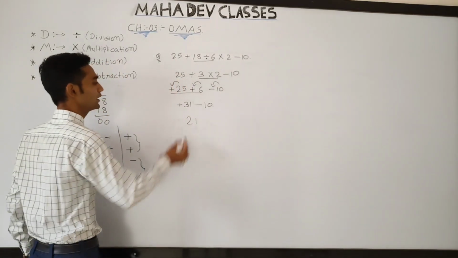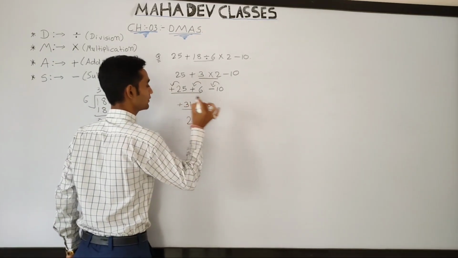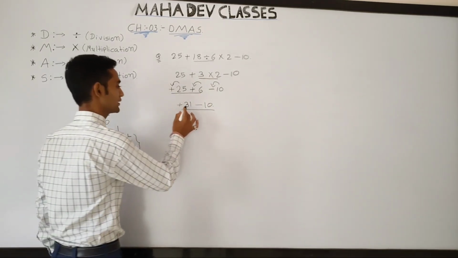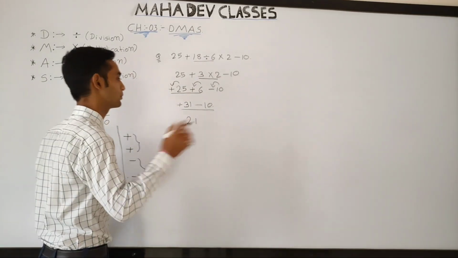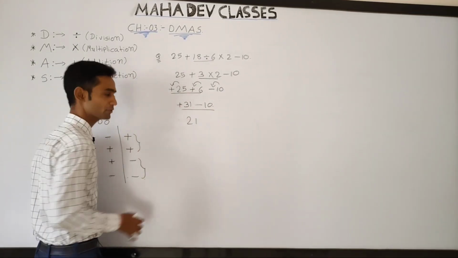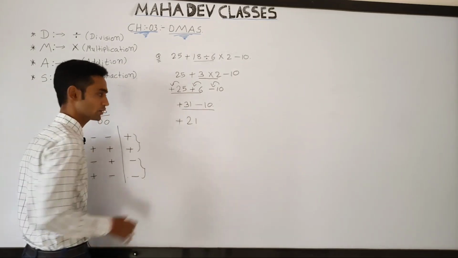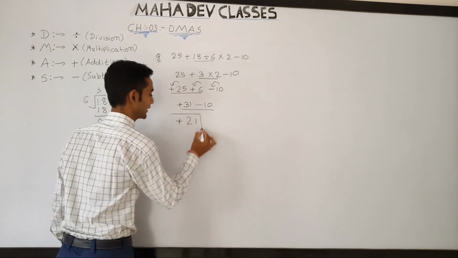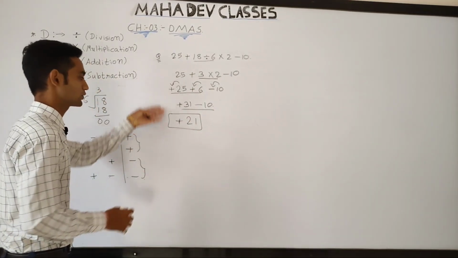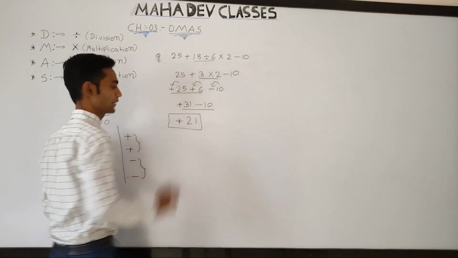Which one is the bigger one, 31 or 10? Obviously 31 is the bigger one, so you have to put the symbol of 31, which is plus. That's why in our resulting answer you have to put that plus sign. So this was the answer of our given question.